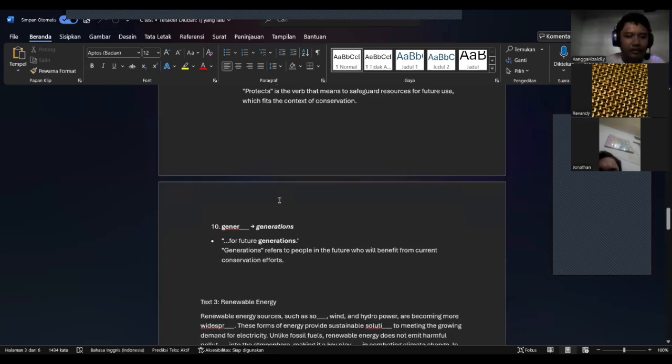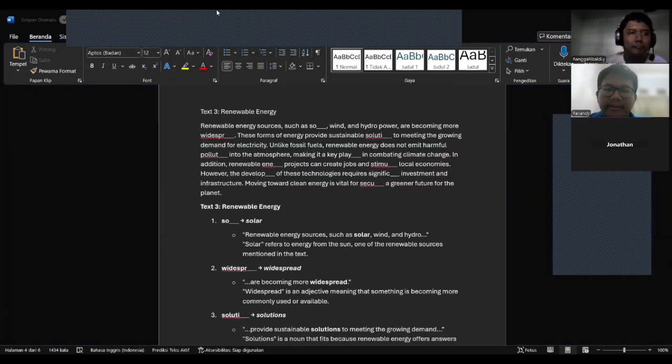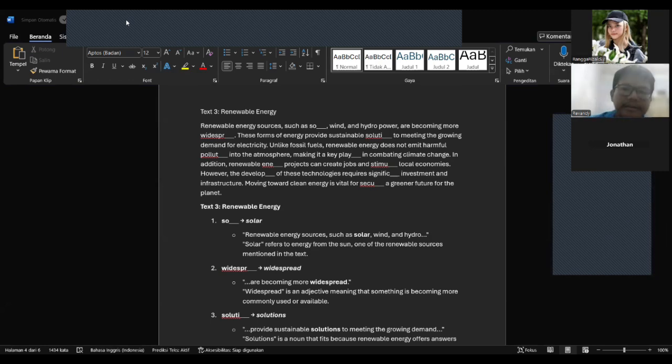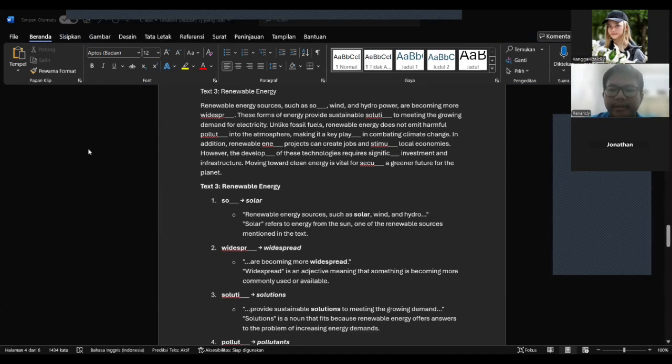Okay, thanks. So text 3 is renewable energy. Renewable energy sources such as solar, wind, and hydropower are becoming more widespread. This form of energy provides a sustainable solution to meeting the growing demand for electricity.